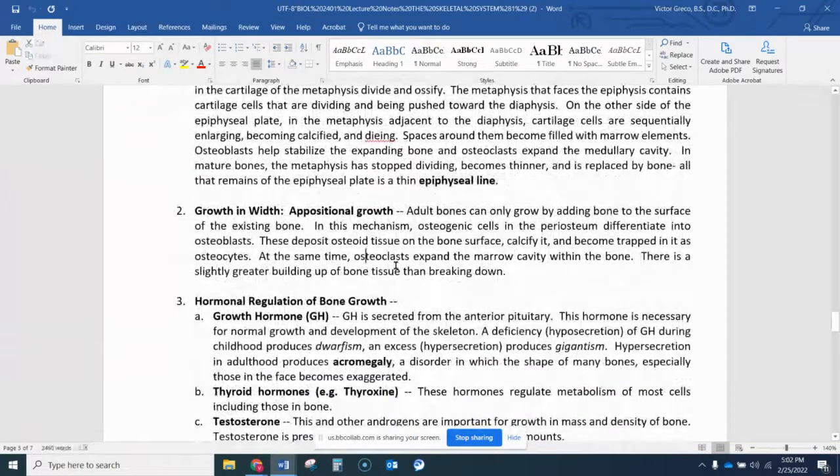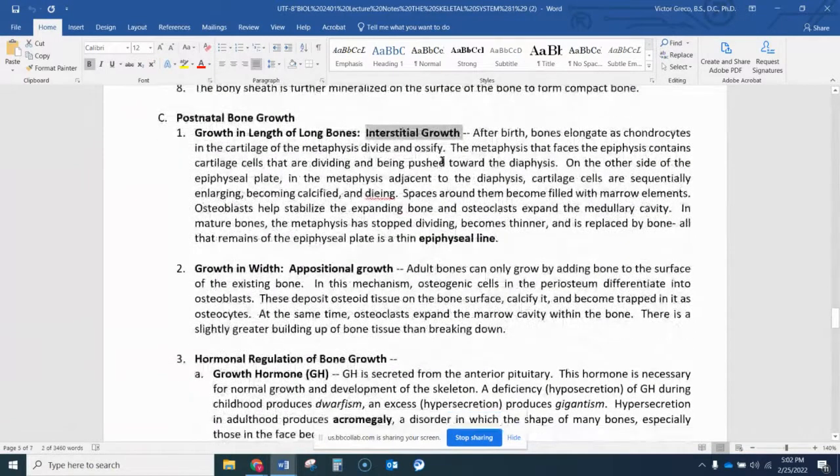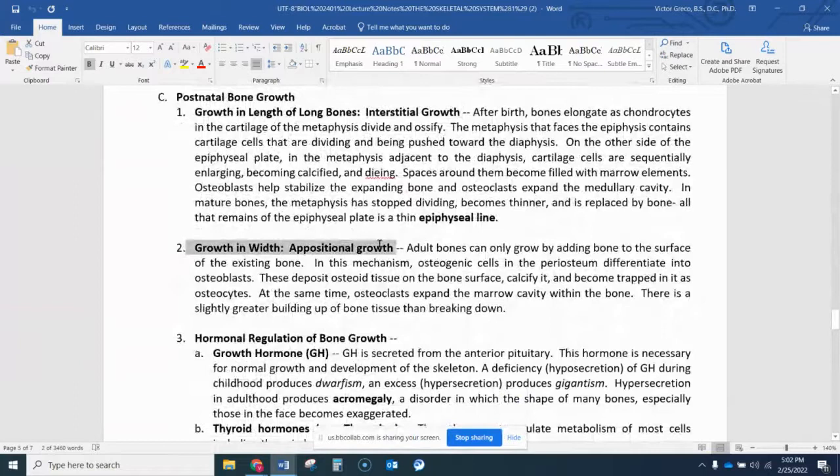Bones also grow in width, right? And that's called appositional growth, right? This is how they grow in length, interstitial growth, but they also grow in width. That's appositional growth. And that's just the osteoblasts inside the periosteum, that's the lining surrounding bone, periosteum, secretes osteoid, bone material, against the bone surface, right, making it wider.